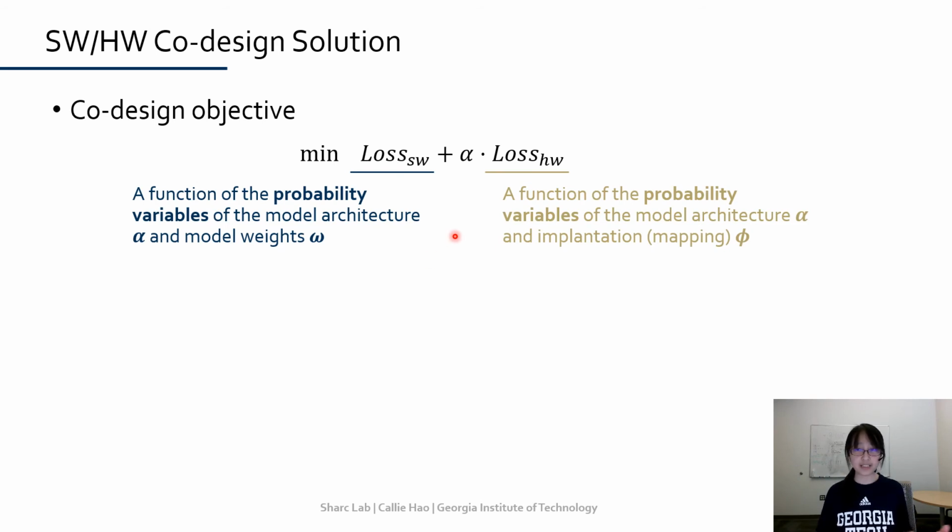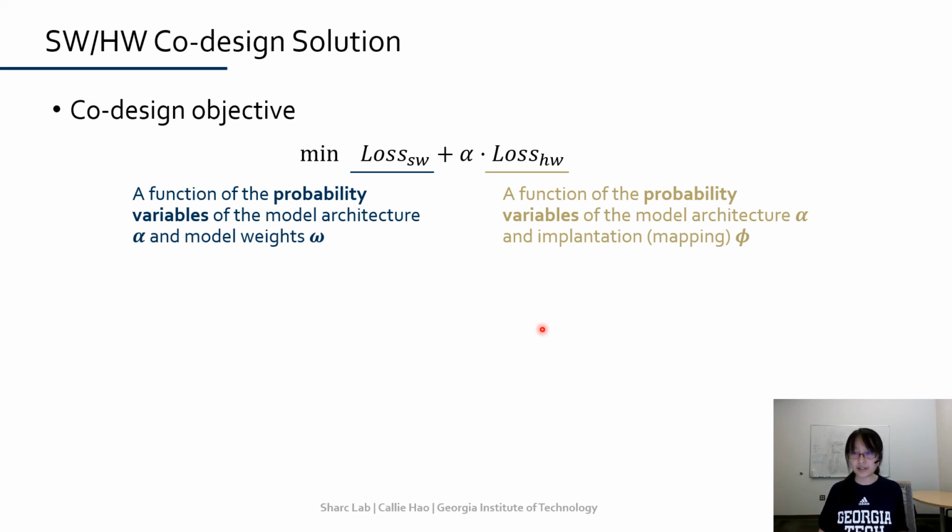Formally and simply, this is a co-design objective function that can be composed of different components. For example, the first one is the software loss, which can be the model accuracy, and the second one is the hardware implementation loss, which is quite flexible, so you can actually define your own loss function. For example, the end-to-end latency, the power consumption, or the weighted sum.